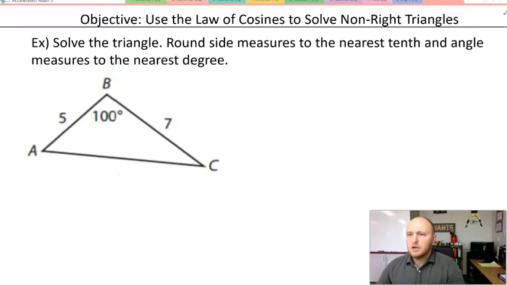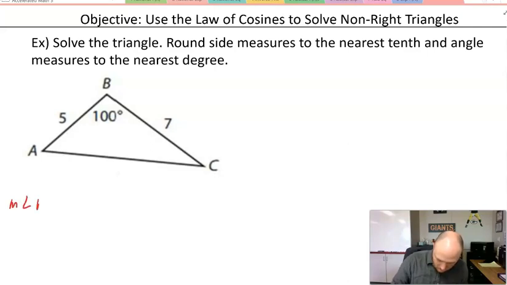Solve the triangle. Round side measures to the nearest tenth and angle measures to the nearest degree. What I like to do right away is make a list of all the information that I do have or don't have. So let's say here, measurement of angle A, I don't have it.